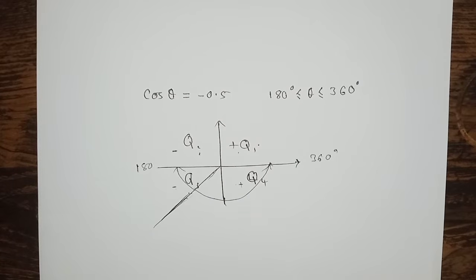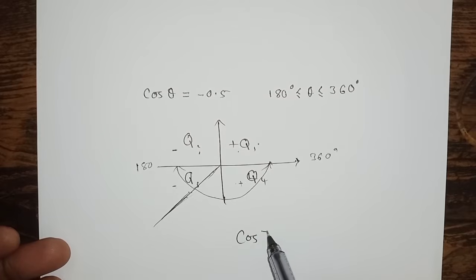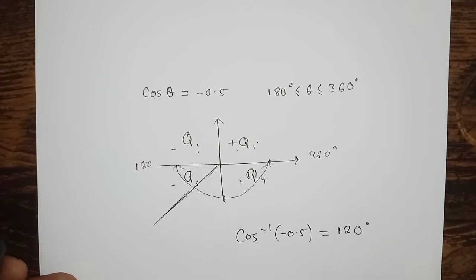So we're going to say cos inverse of negative 0.5. So cos inverse of negative 0.5, what are we getting? We're getting 120 degrees.